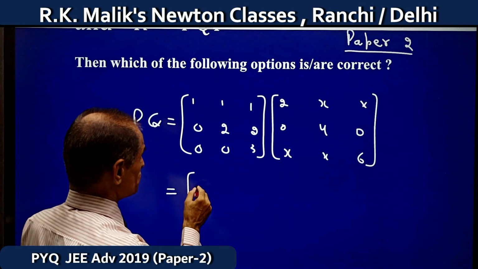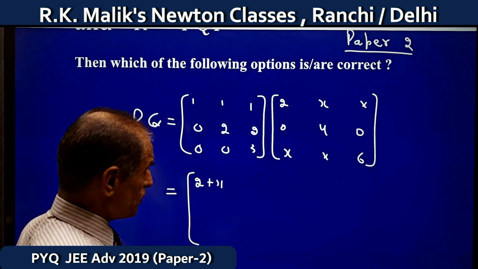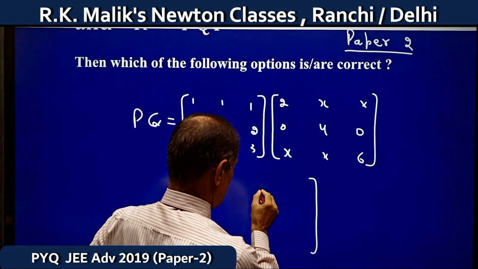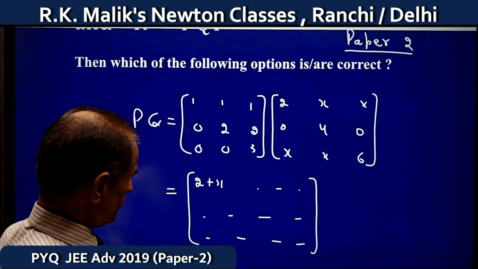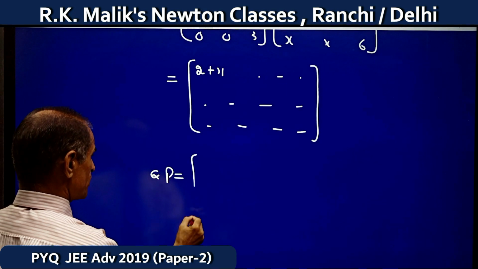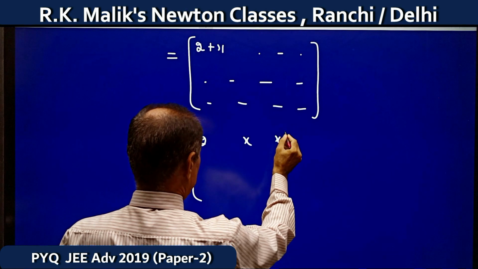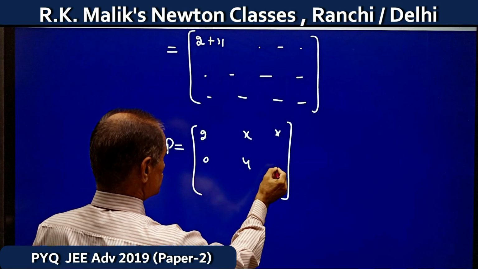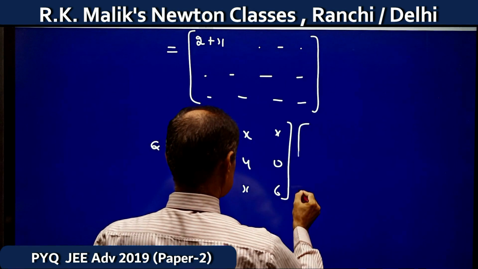The element at this position will be 2 plus x. And now find QP. QP will be 2, x, x, 0, 4, 0 and x, x, 6.